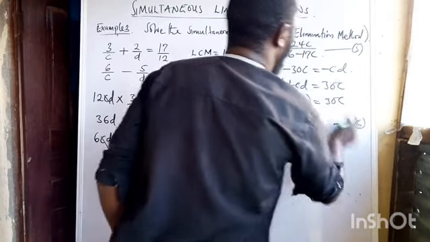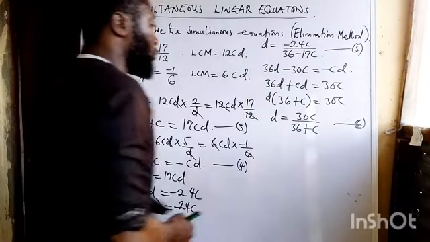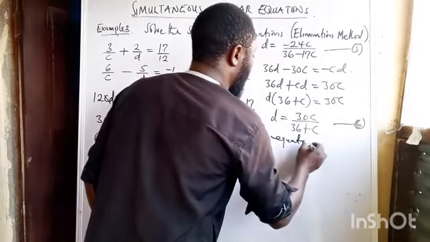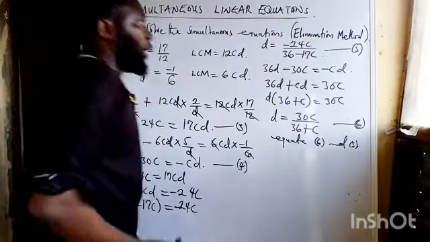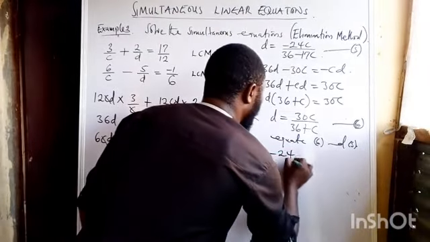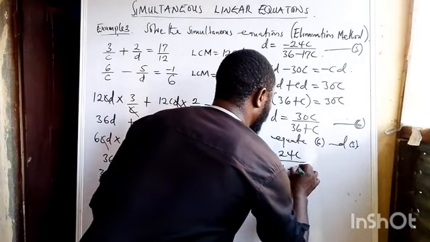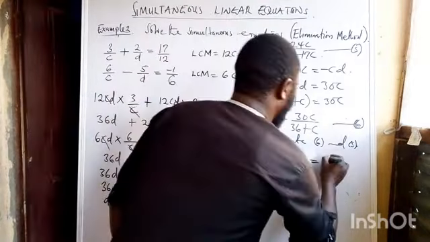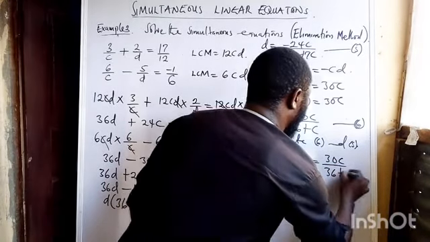We assume that these two equations are the same since both equal D. So now equate both 5 and 6. So we have negative 24C from equation 5 over 36 minus 17C, and in this sixth equation, you have 30C divided by 36 plus C.